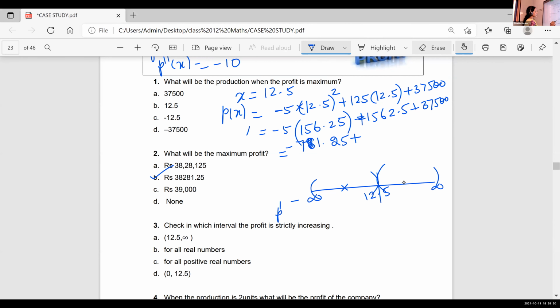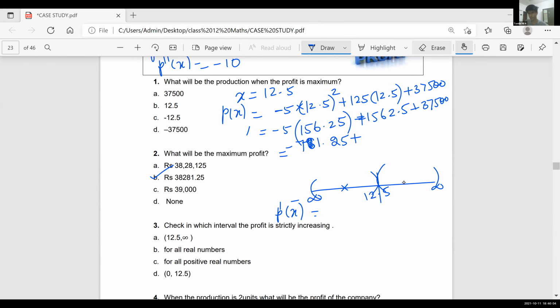Voice is breaking. Aparna, in which interval is it increasing? Tomlin, give the answer. I think Aparna is having net issues. Okay, option A. Option A, is it correct, Aishwarya?